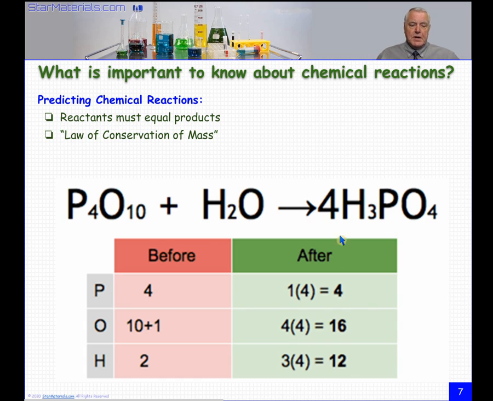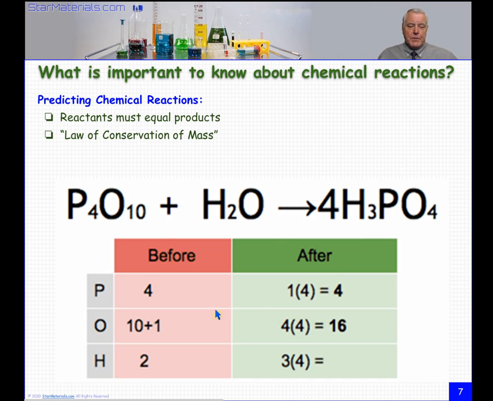Now this keeps going on, but you'll see that the number of P is 4. 4 times 1 is 4. You got 10. There's a lot going on in here.